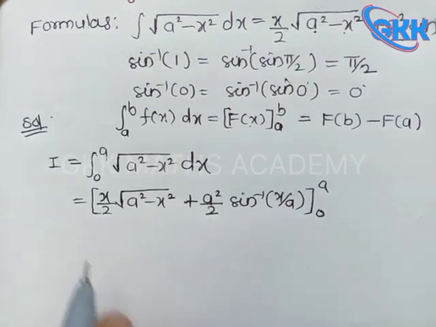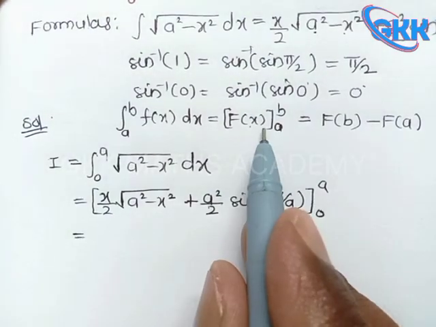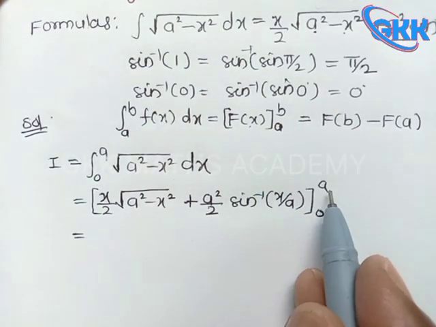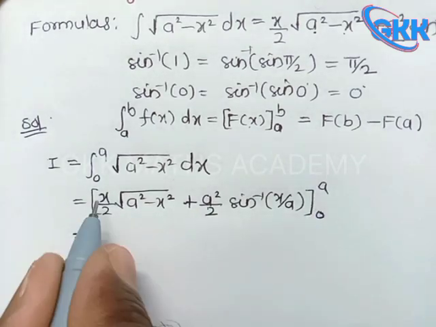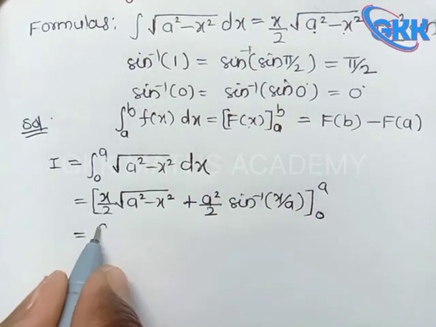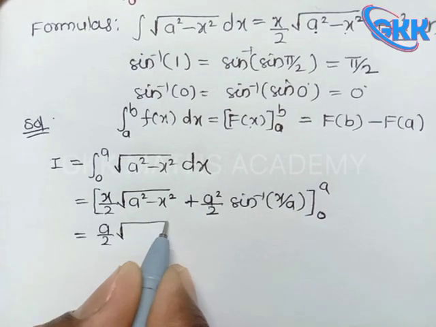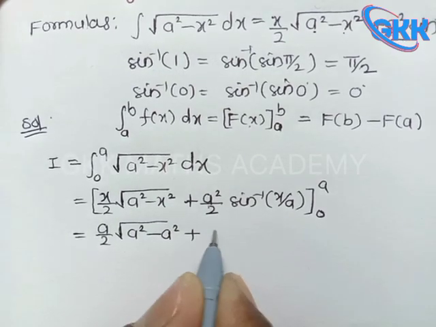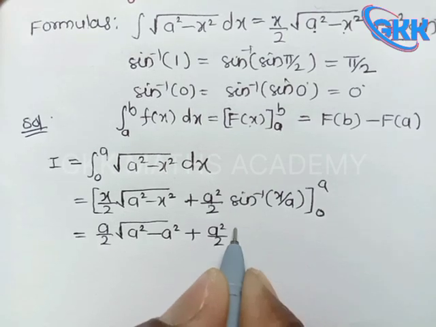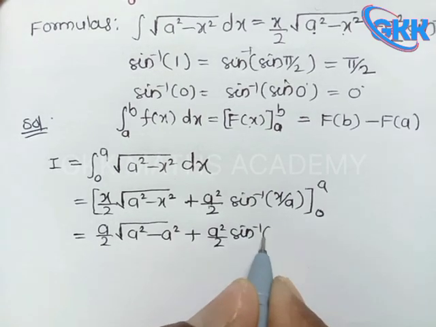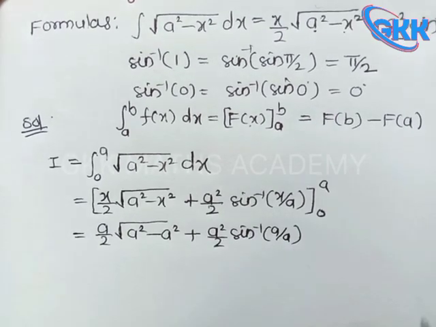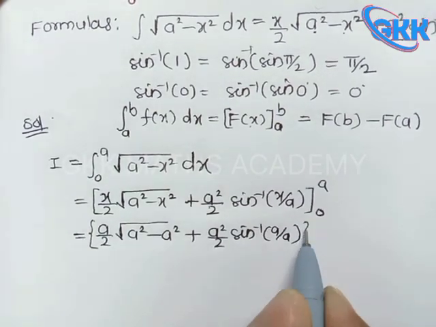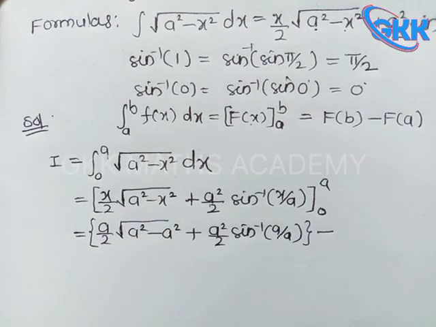Right? Now this is the formula. How are we going to write it? Upper limit minus lower limit. What is the upper limit? a, substituted in place of x. So a upon 2 times the square root of a square minus a square, plus a square upon 2 sine inverse of a upon a. This is the upper limit, minus the lower limit.